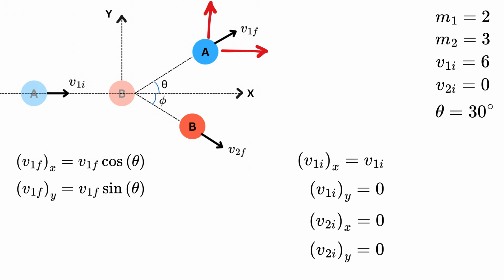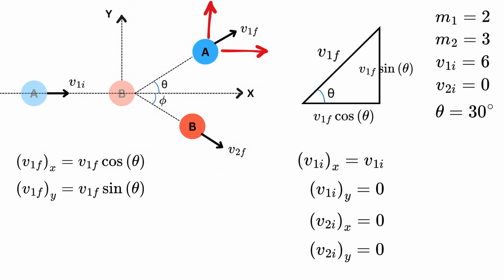It is simple to understand because if you consider this right triangle where v1f is the hypotenuse and this angle is theta, then this side length will be v1f cos theta, and this will be v1f times sine theta.